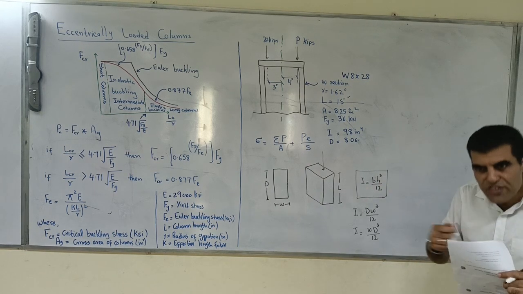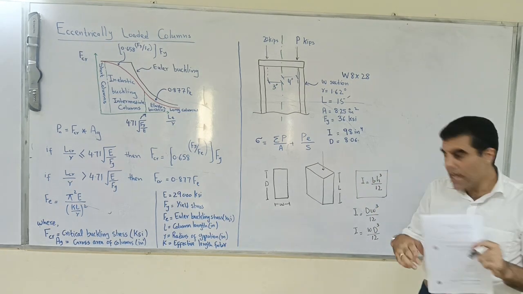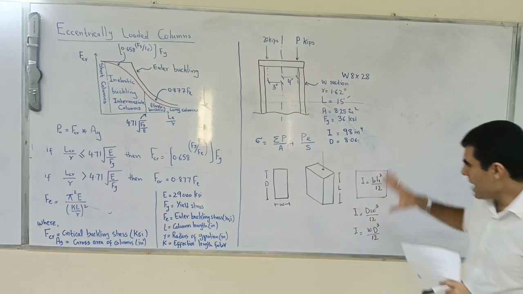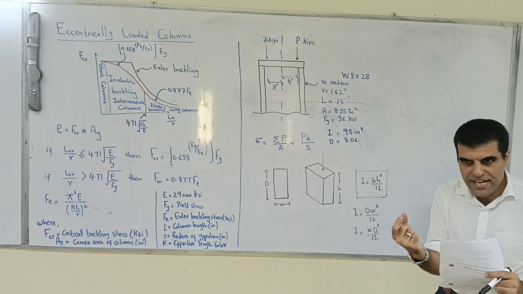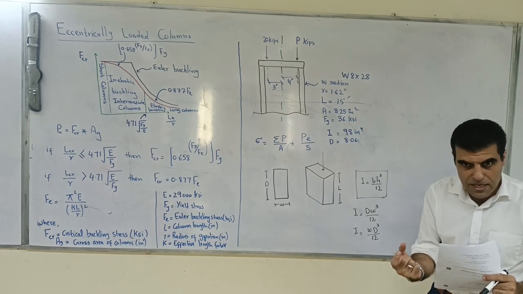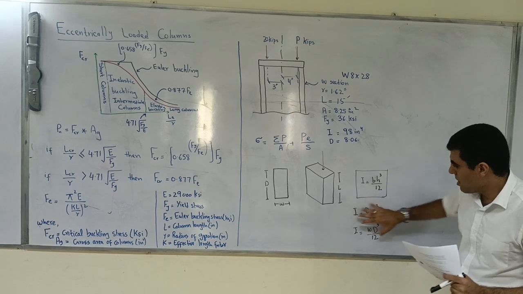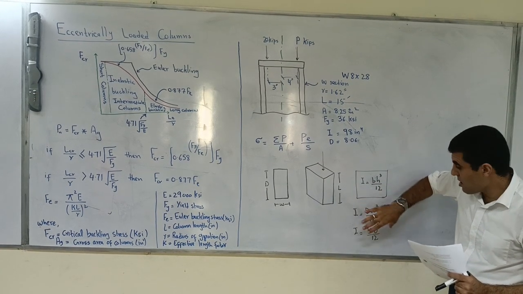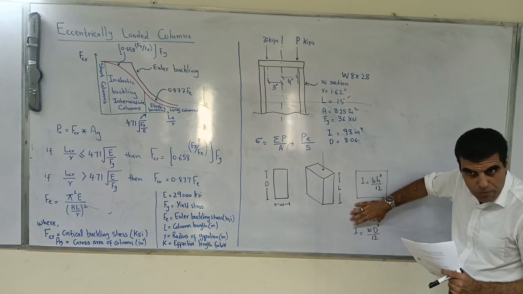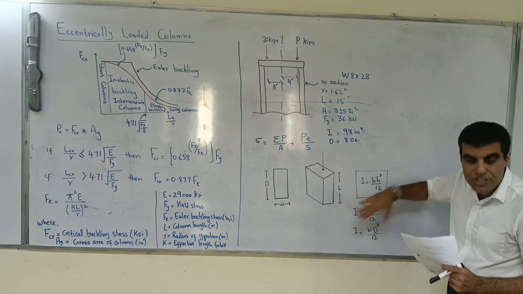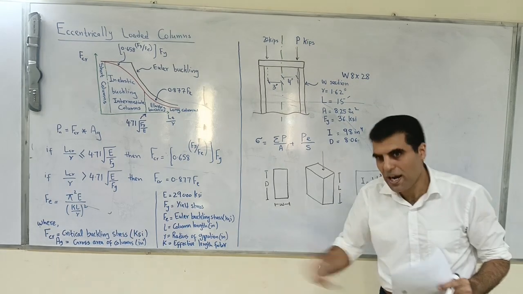Please see, I'm tying up my argument. What I'm saying is that if we keep on reducing one of the dimensions of the cross section of a member, the direction which is having least moment of inertia would start becoming susceptible to buckling.